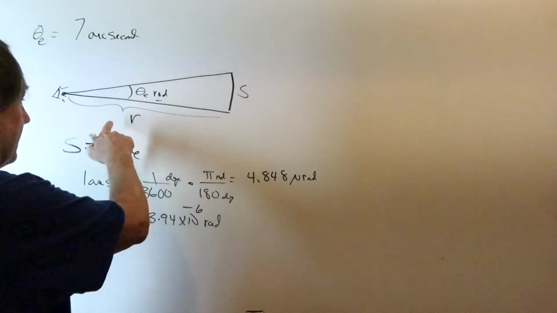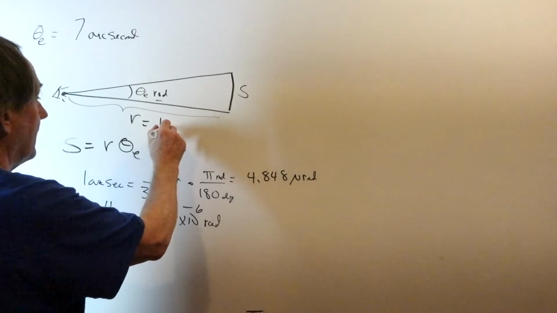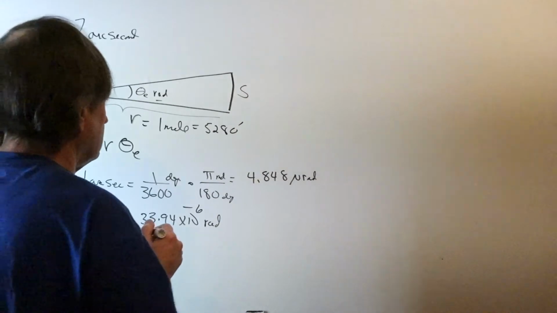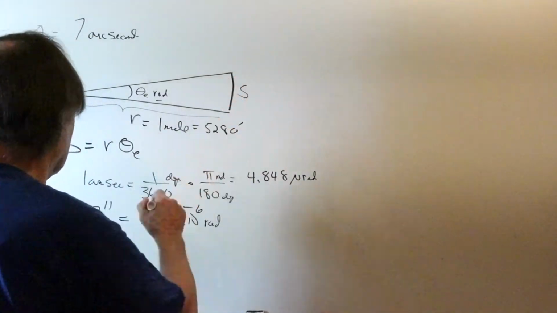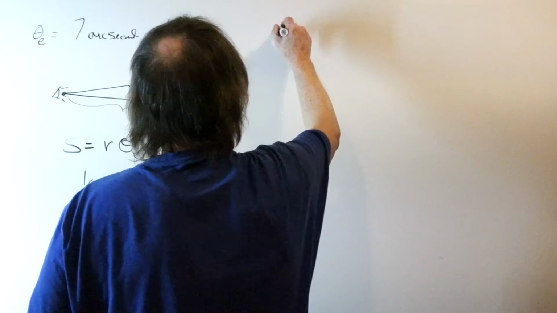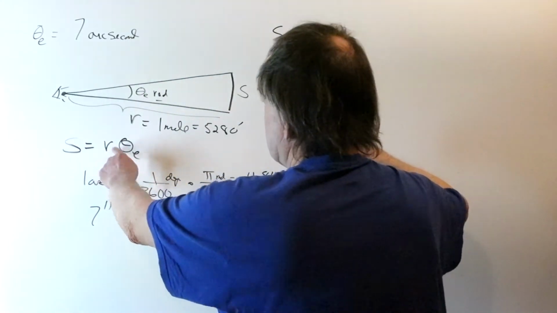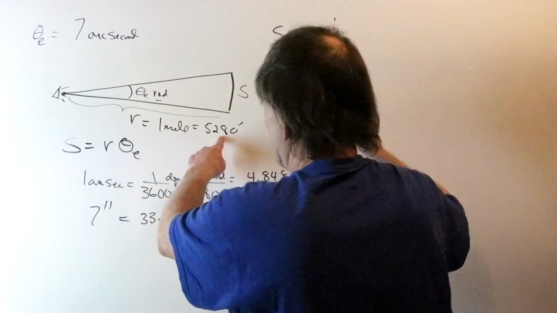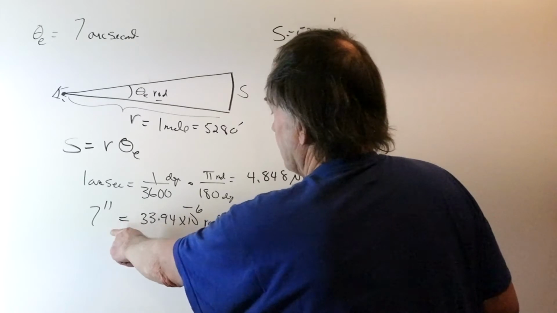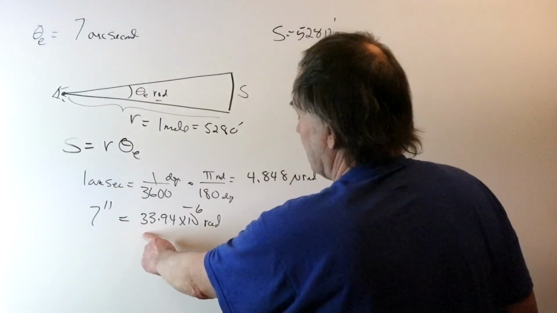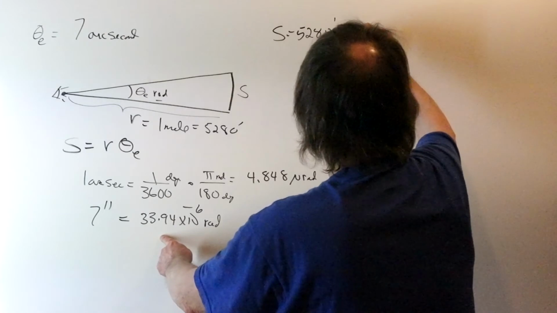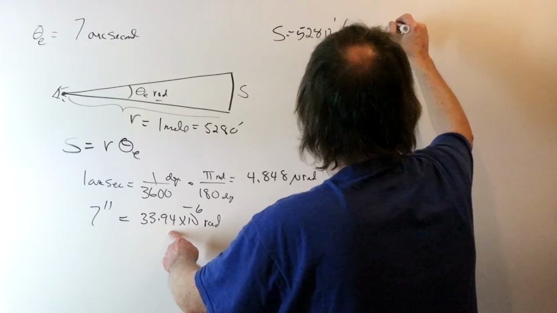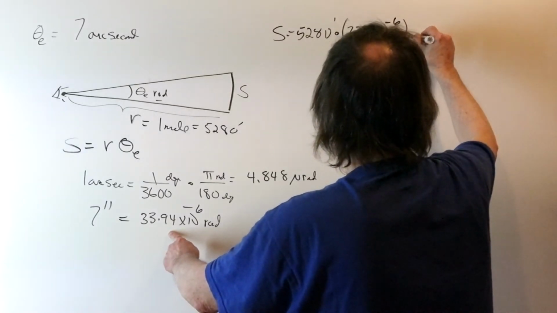So, at a distance, if we make r 1 mile, or 5,280 feet, then S is the distance out, 5,280 feet, times 7 seconds of an arc expressed in radians. So this is 33.94 times 10 to the minus 6 radians.